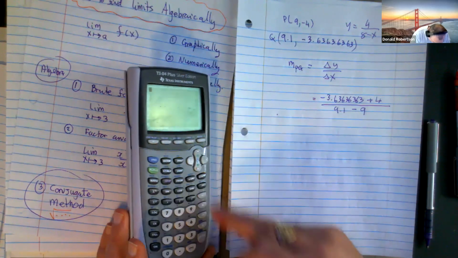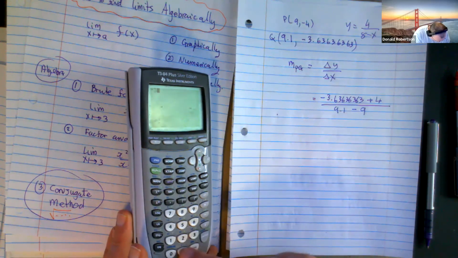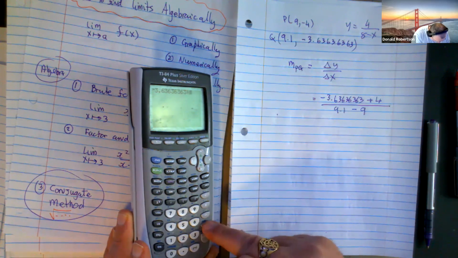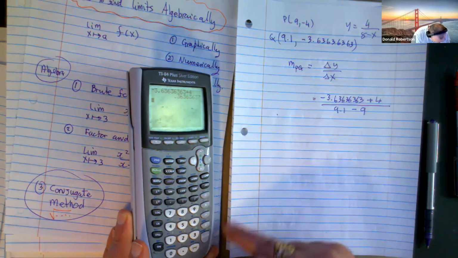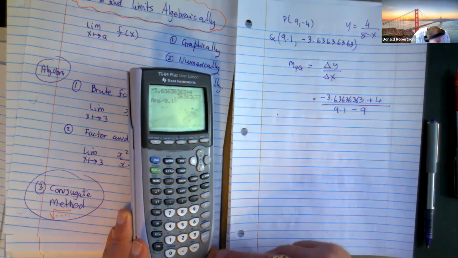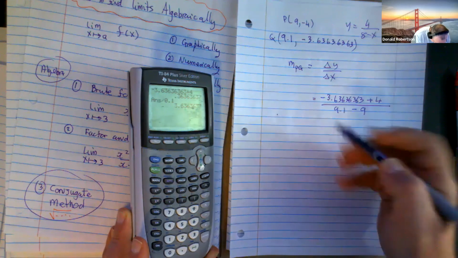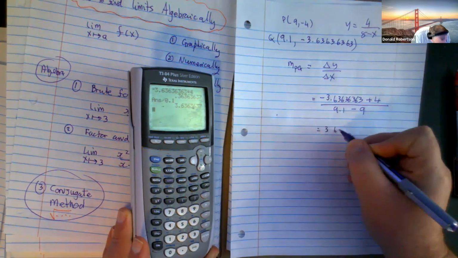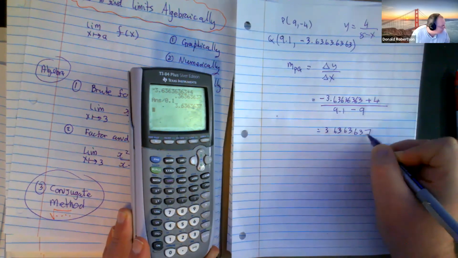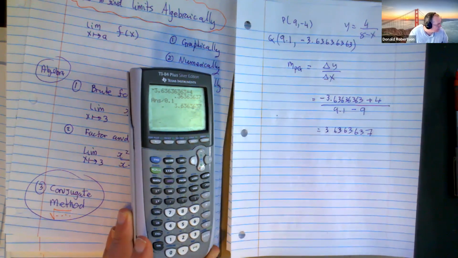Time for the calculator to take over. Negative 3.6363636363, add 4, divided by 0.1. And the answer I get then is 3.63636367. So far, so good.